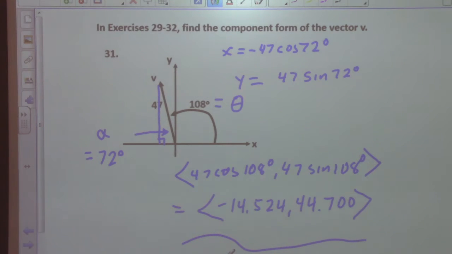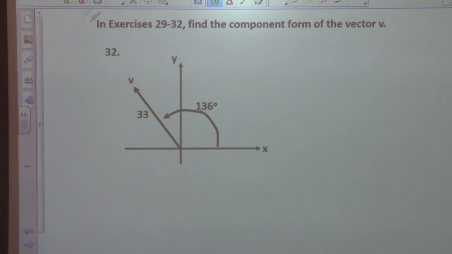All right. Are we ready to go on to this one here? What I'm going to do is get our remaining 32.